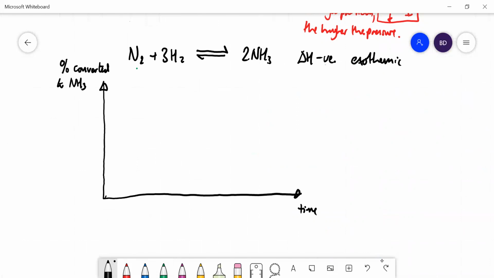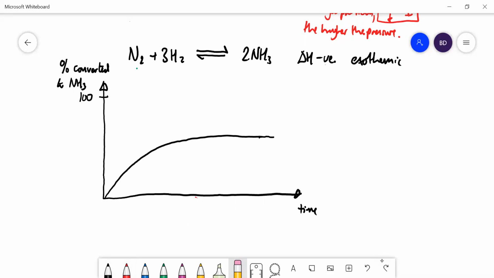So we do it once and we get a graph like that. That would be 100% up there, and this line will never reach 100%. It looks like it reaches equilibrium about there, because we said before the rate of the forward reaction is equal to the rate of the backward reaction at that point.